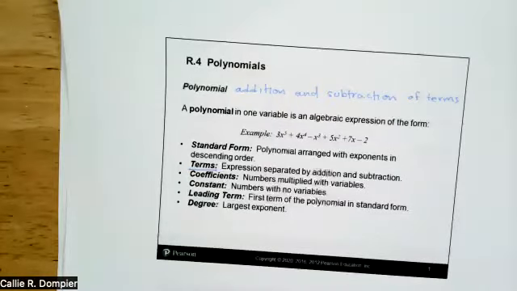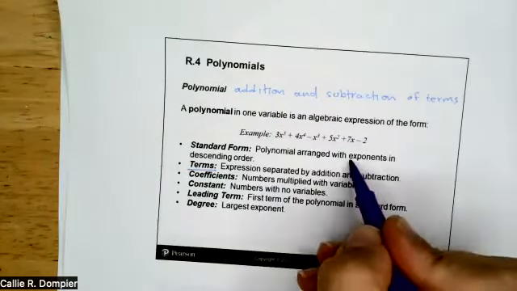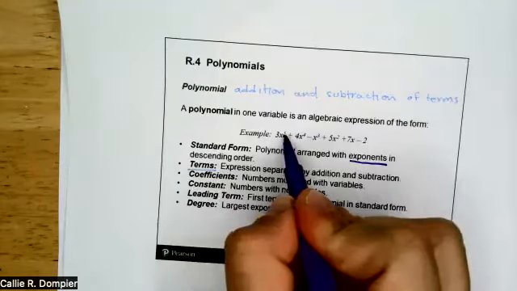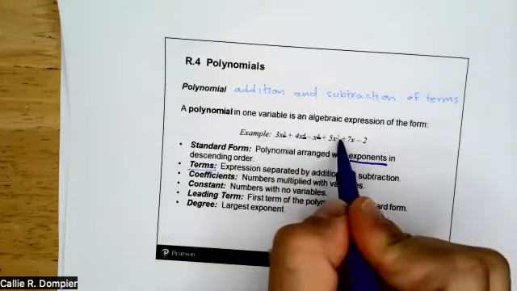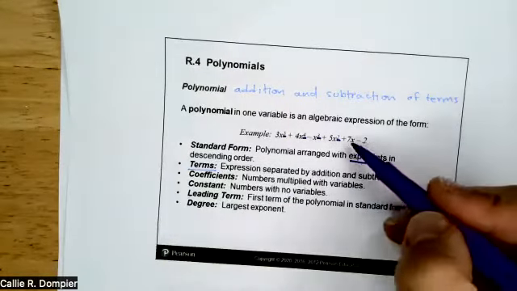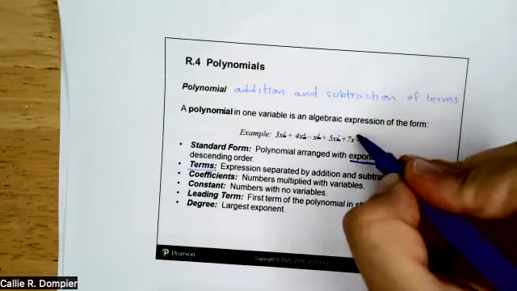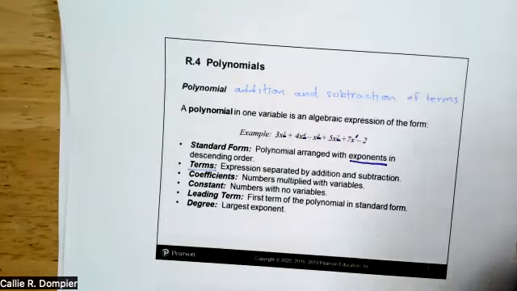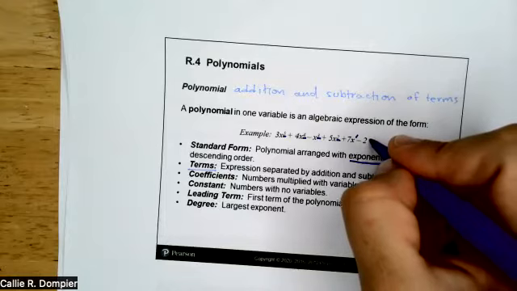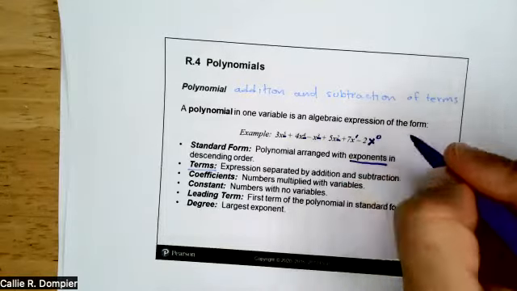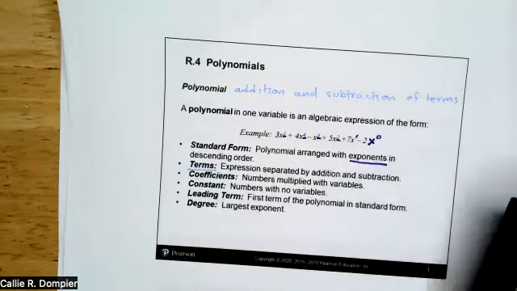The standard form means that the polynomial is arranged with exponents in descending order. The exponents are these guys, this 5, this 4, this 3, this 2. The 7x actually has an understood 1. And you could even think of that 2 as being multiplied times x to the power of 0.